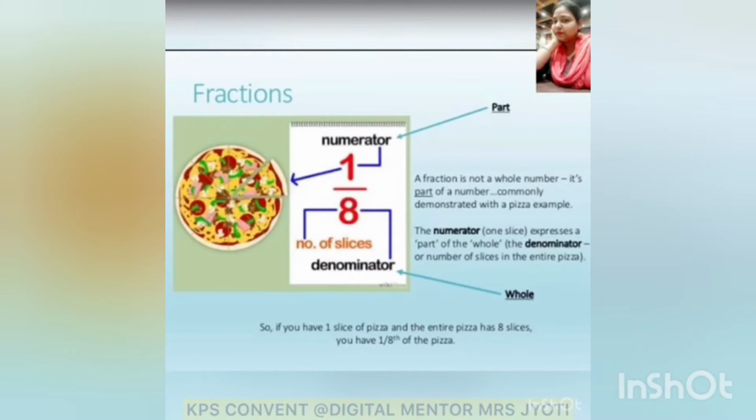As you see on the screen, there is a pizza, and if you have one slice of pizza and the entire pizza has 8 slices, so you have 1/8 of the pizza. 1 is a numerator and the number of slices, 8, is the denominator.